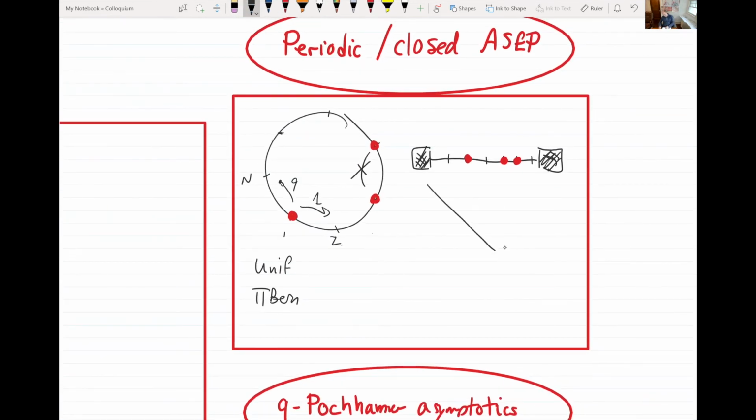Now, what you can do in this situation is you can identify the invariant measure in terms of the height function. So you look at the height function. Say I go down, and then I go up, and then down, and up, and then down. This is my bad version of drawing the height function.